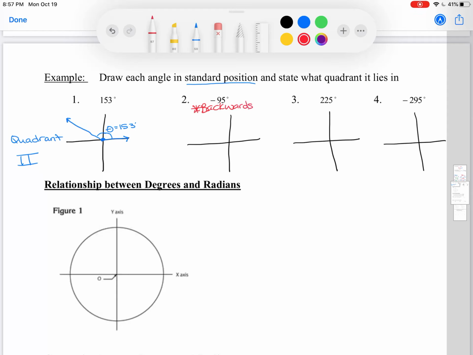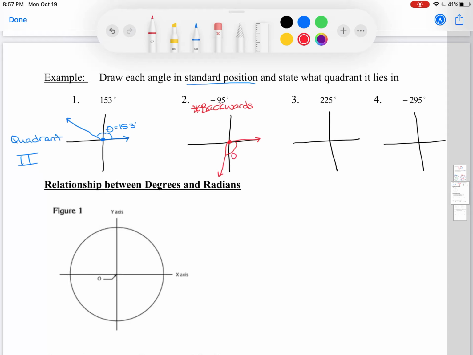All right. For question 2, this time we have a negative angle, so we have to work backwards. So instead of going counterclockwise, we need to go clockwise. So the same rules apply. You have your vertex at the origin. Your initial side is on your x-axis, but this time when I open, it's going to open down.